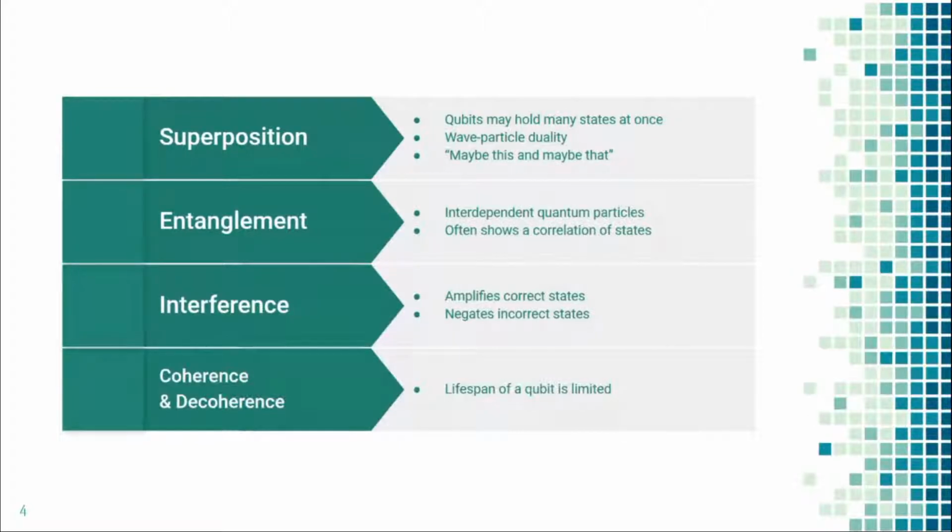This can be demonstrated where if you measure one particle and find that it's either a 0 or a 1, the other particle with which it's entangled also collapses when you measure the first particle.